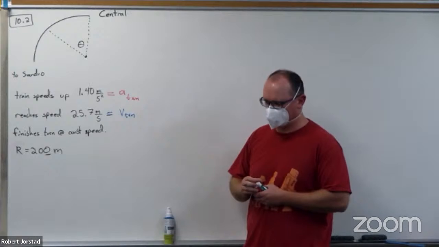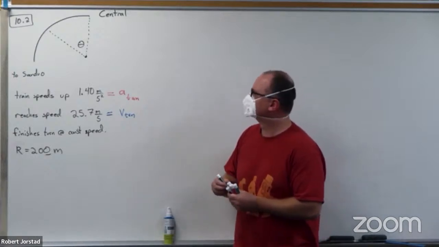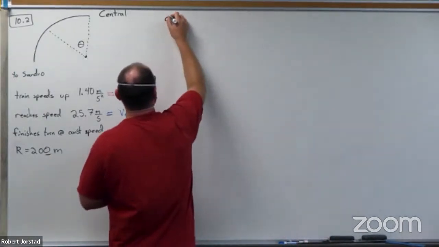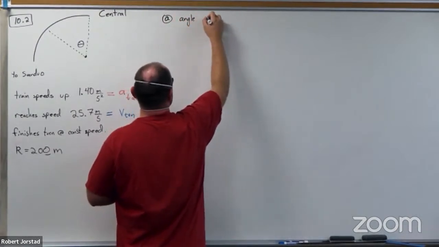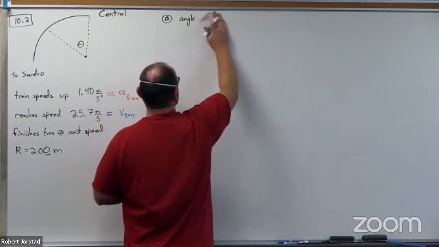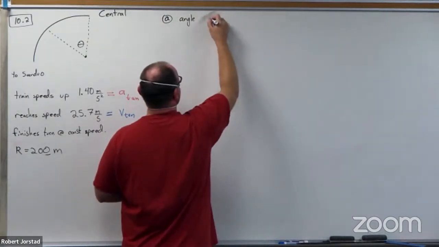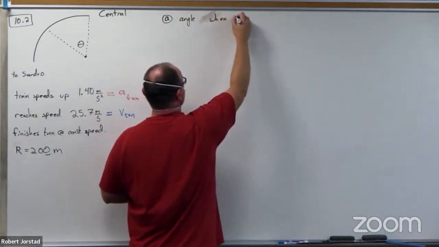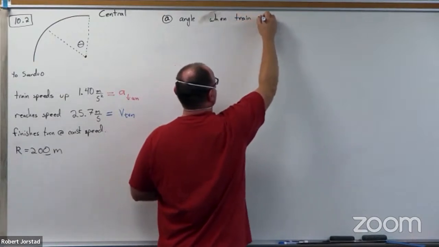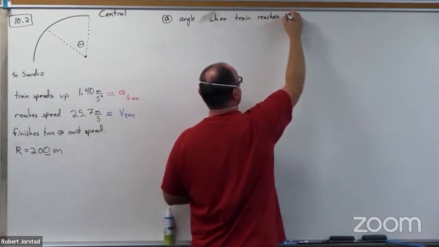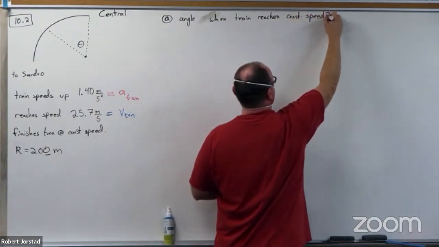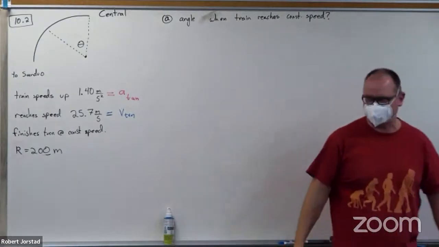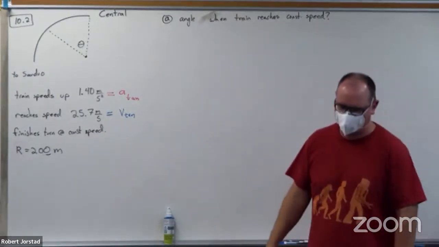What are we looking for in part A? We're looking for the angle when it hits constant speed. Any ideas how we might approach this?